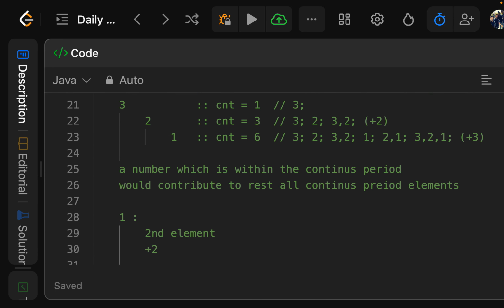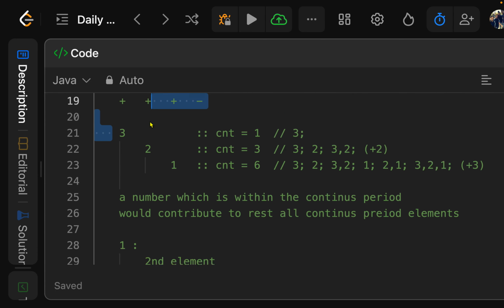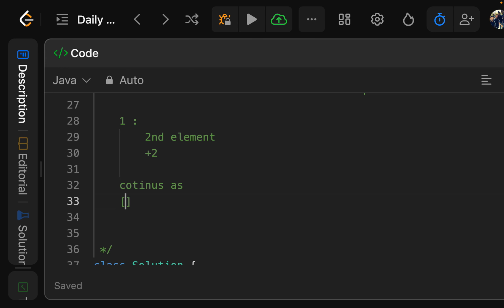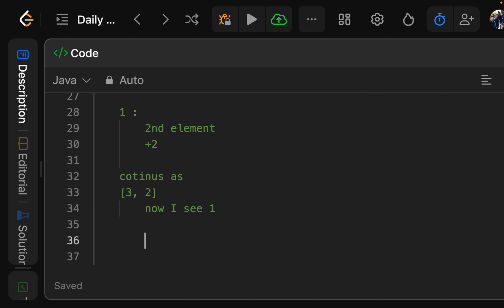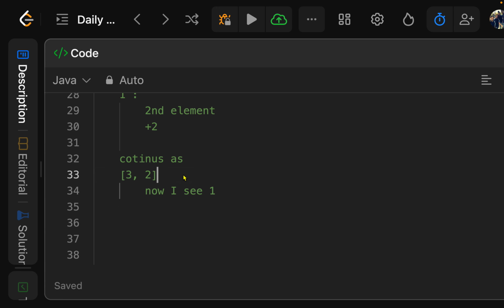as we have, let's take this example 3, 2, and we have 1. So we have 3, 2. Now I see 1. What to do? So see, now I see 1. The continuous period, CP, was initially 2. Now I see CP plus plus, which would be 3.